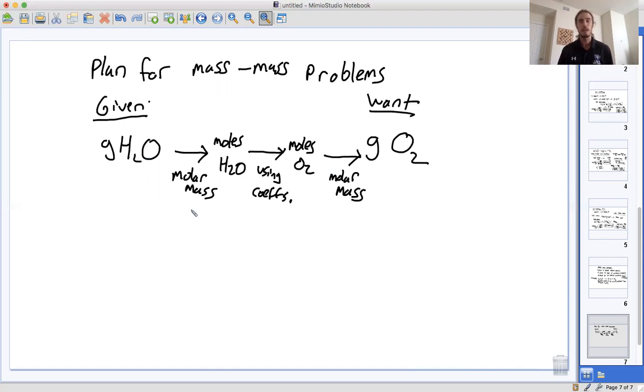If we have this plan, then it really just comes down to doing those unit conversions, which we should be comfortable with. Let me rewrite the problem here.